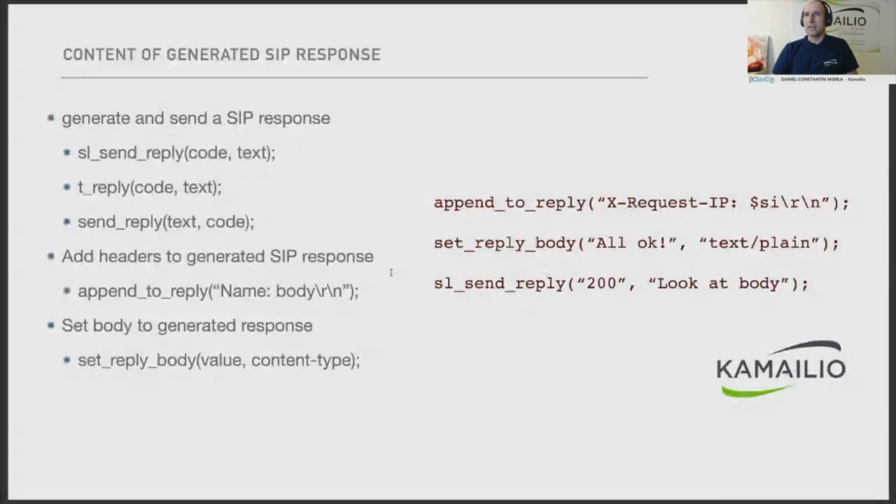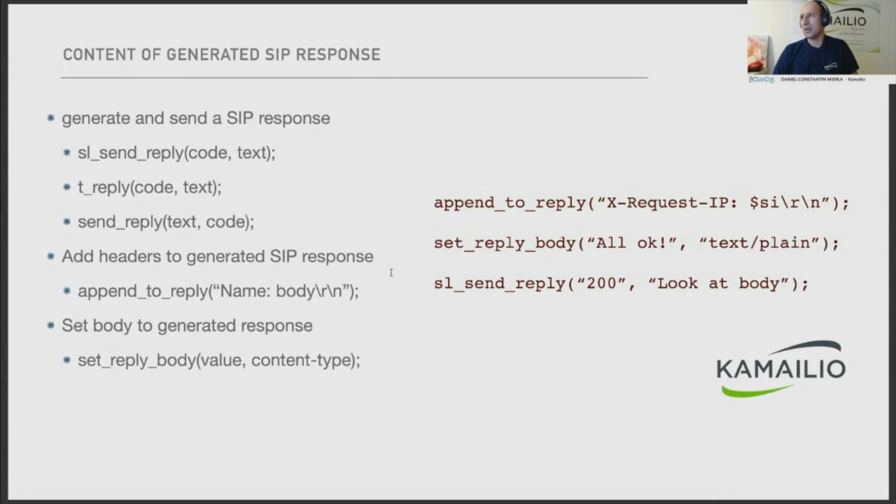Getting close to the end, another type of processing for Kamailio would be controlling what's in the generated response. What I presented before was more about what we receive and send out, no matter if it is request or reply. But sometimes Kamailio has to generate replies by itself. Here it's about adding your headers with append_to_reply.